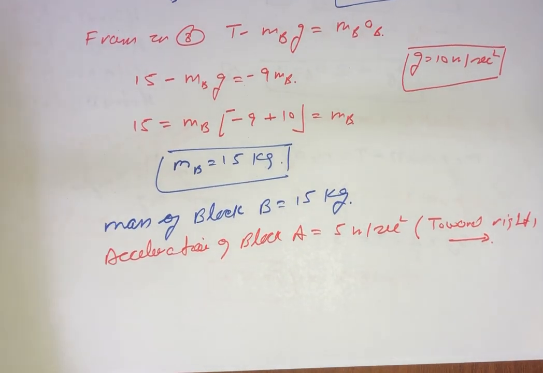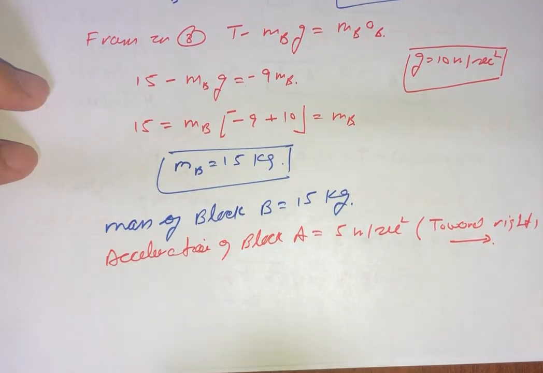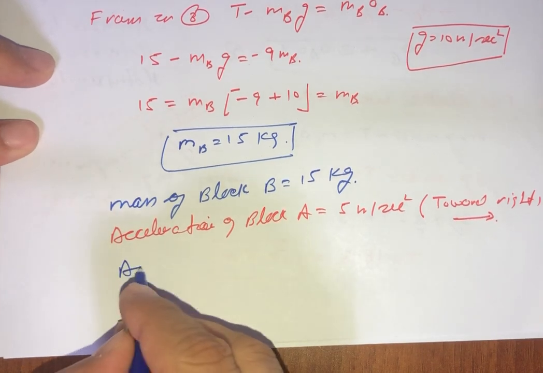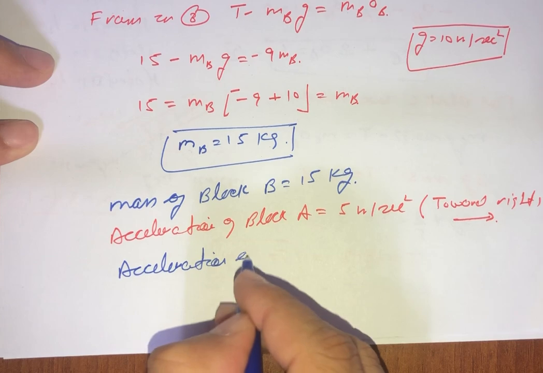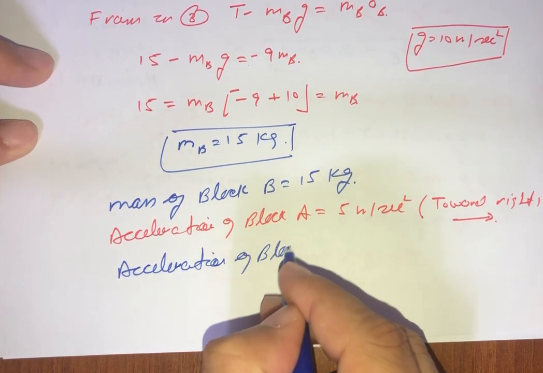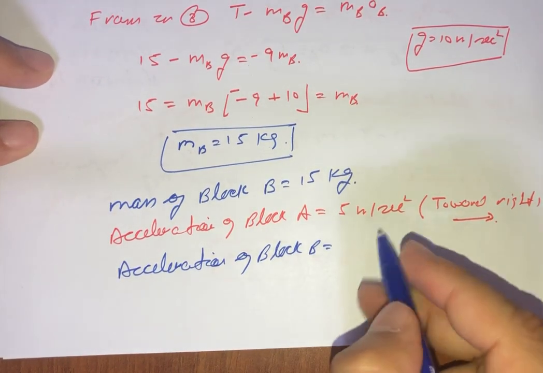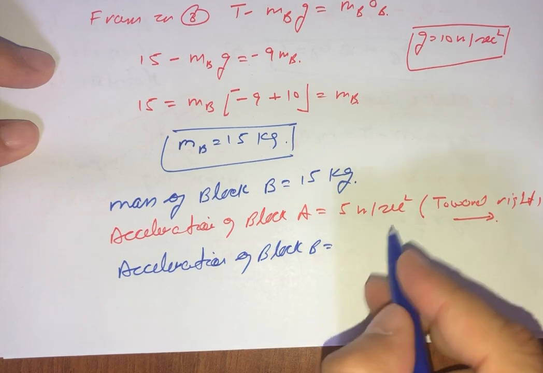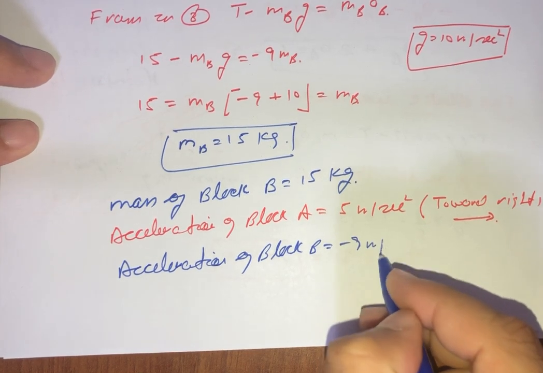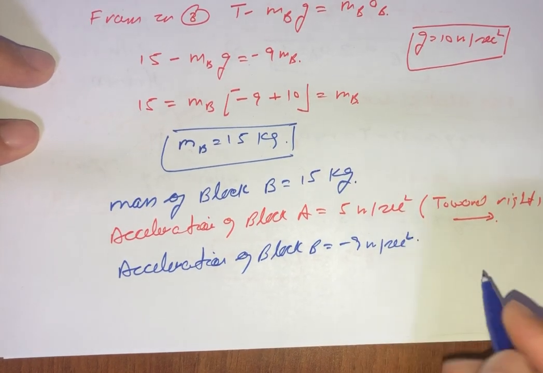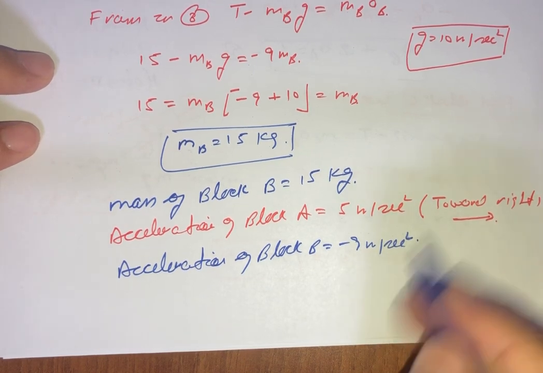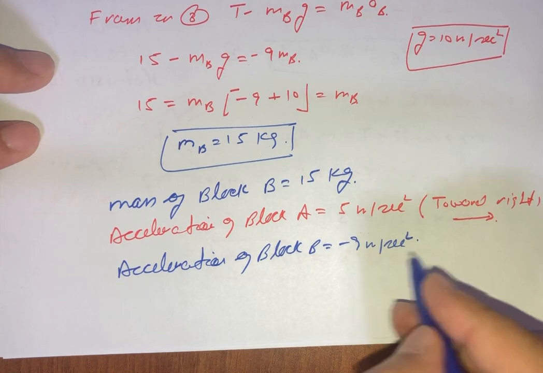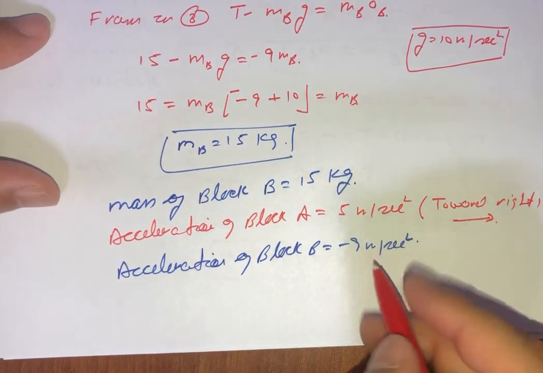And last is acceleration of block B, which is coming as minus 9 meter per second square, and it means it will be in the upward direction because it's negative.